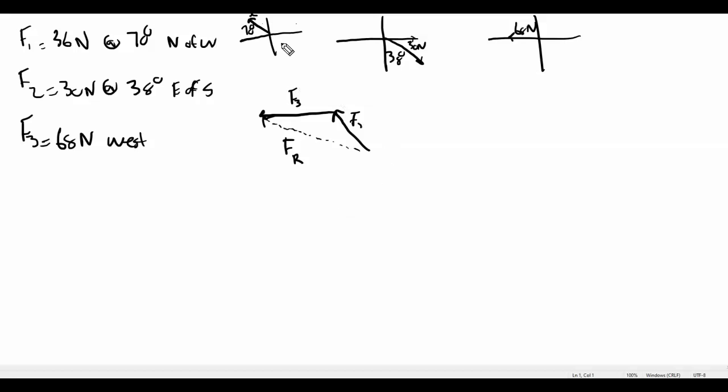For F1, if you look at F1 going north of west, F1x would be 36 times cosine 70 degrees, but it would be negative because the x component would be negative. F1y would be 36 sine 70 degrees.